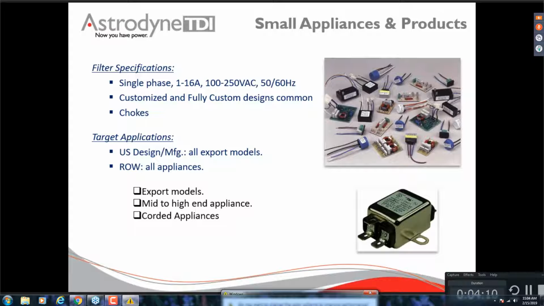The key note with these small appliances is that the corded appliances require it, which includes hand drills or any hand tools required for the construction industry or even consumer use for that matter.